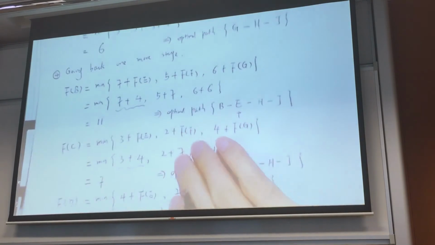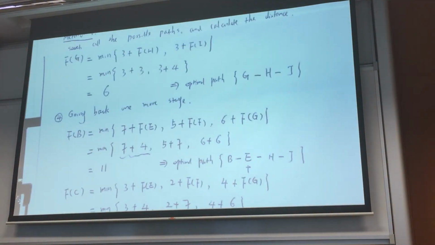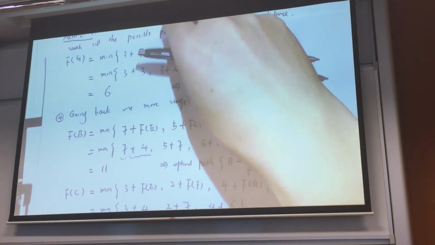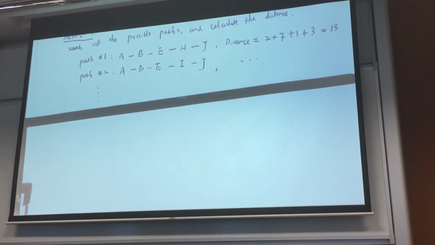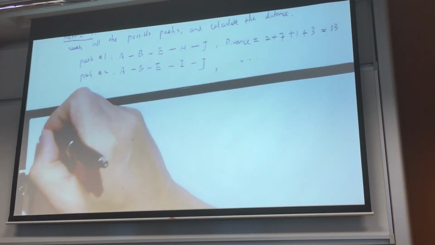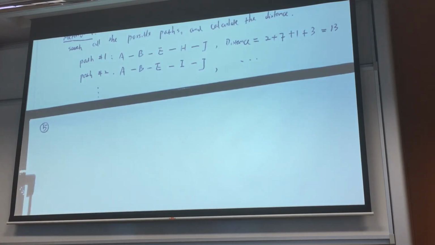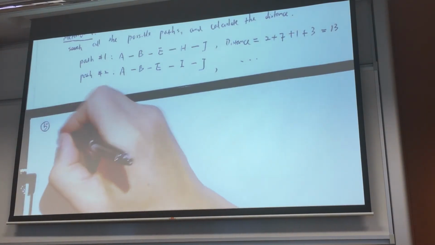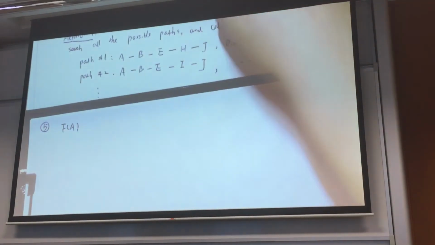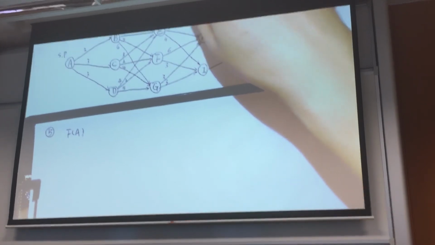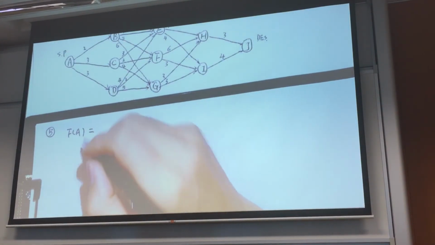So now we already solved the second stage. We already arrived at the second stage. So it's called the B, C, D. So next we can go to the starting point A. So it will be the fifth iteration. So the fifth iteration, we can determine this FA, from the A to the destination. So there are three options.